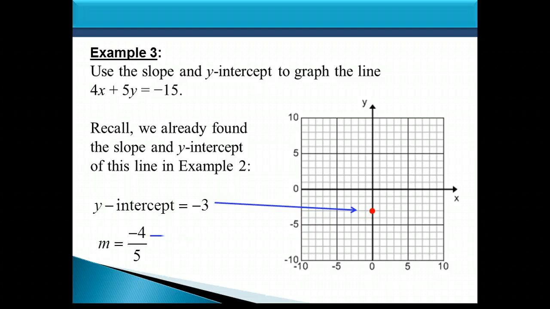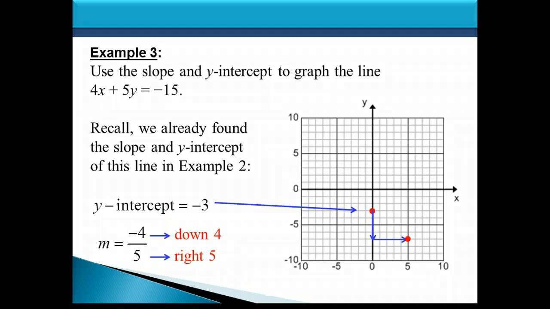The slope tells us with the top number that we're going to go down 4, starting at the y-intercept. So we go down 4 from there, and then the number on the bottom will tell us to go right 5 units. So now we have a second point on our line. We went down 4 and right 5 from the y-intercept, and then we plotted that point. That gives us a second point on the line.